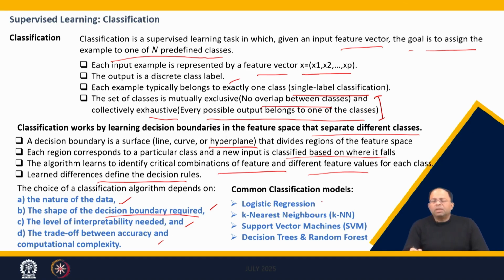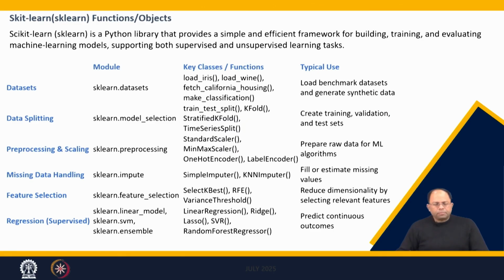And these are some of the common classification models like logistic regression, k-nearest neighbors, support vector machine, decision trees, and random forest. We will demonstrate all of them after this. So coming to one of the most important libraries, the machine learning library, sklearn, we can look into some of the classes and functions that it offers.